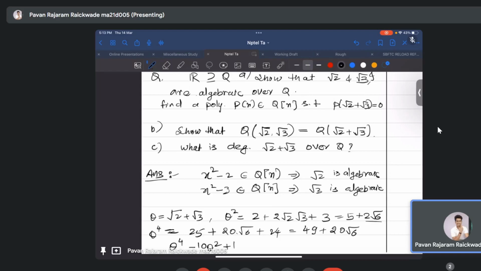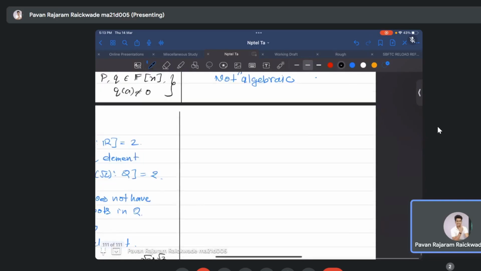So theta raised to 4 is 49 plus 20 root 6, minus 10 times theta squared, which is 50 plus 20 root 6, and then plus 1.